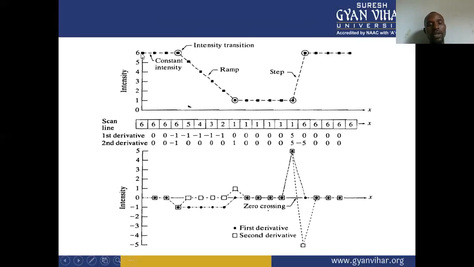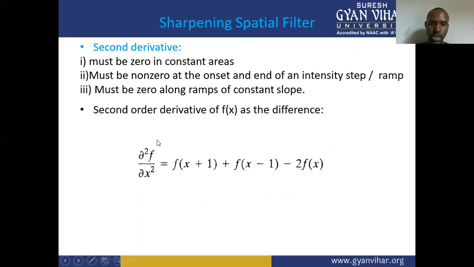Now, these points of intensity are recorded on a scan line, and from this scan line we are going to perform the first order derivative using the first order equation. This occurs the following way. We have the constant intensity where we are having 6, so we record them as 6. Now, to perform this derivative, we find f of x, which is 6, plus 1, which is 7.